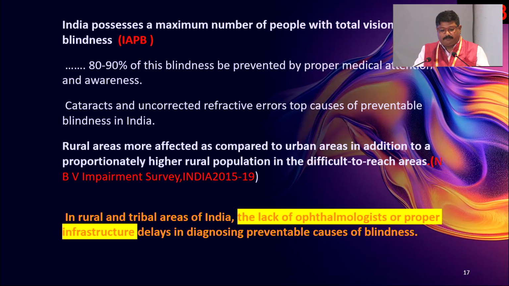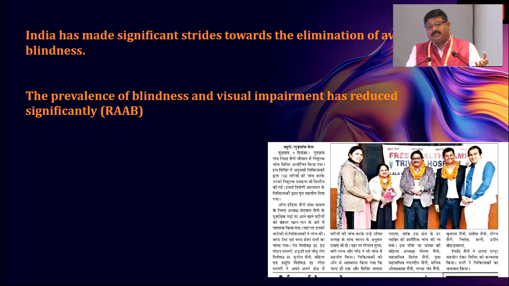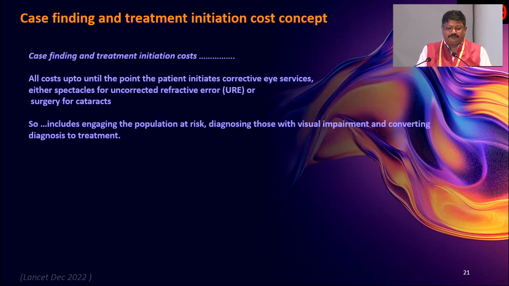These are the data about India, and the lack of ophthalmologists means manpower needs redistribution. Keeping all this in mind, the states of Punjab, Haryana, and Gujarat have made significant improvement towards elimination of blindness. The basic concept here is case finding and treatment initiation.